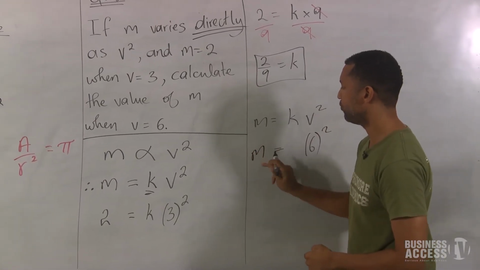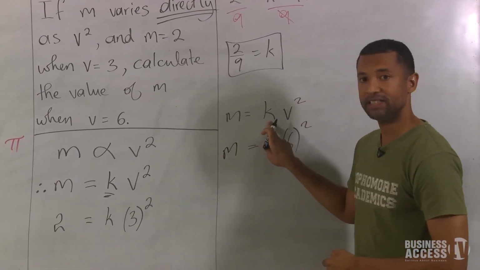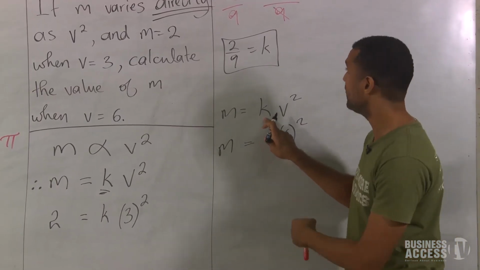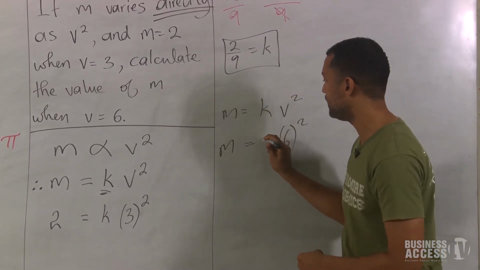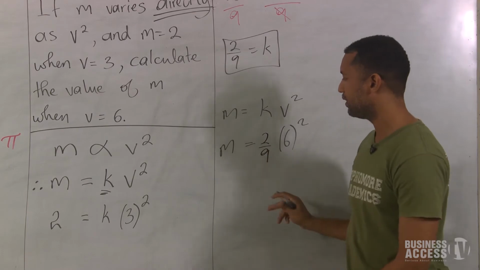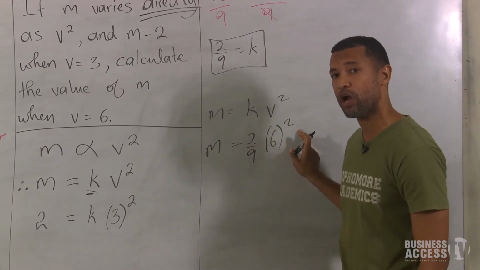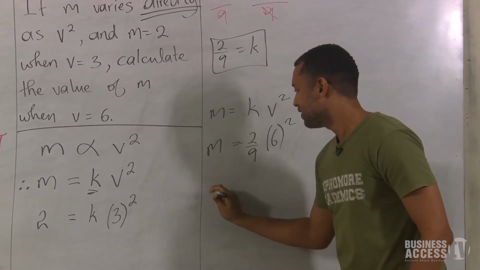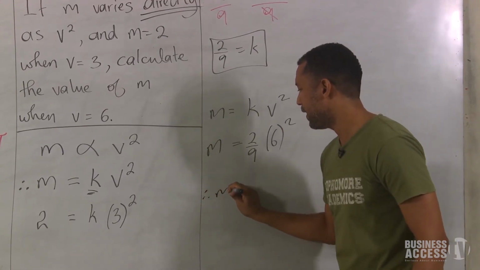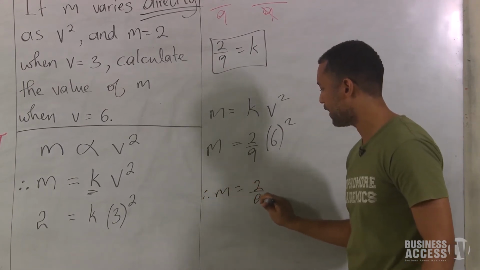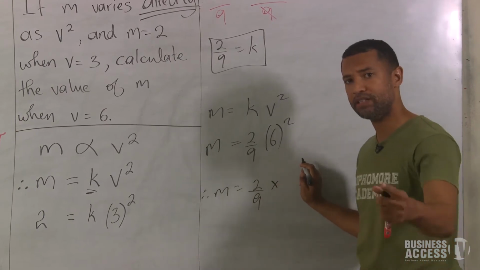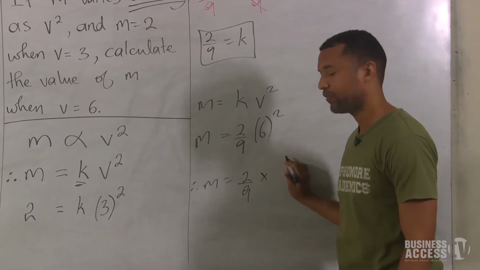They want to know the value of m. Guys, we now know the value of k. We calculated that to be 2 over 9. So this is 2 over 9 multiplied by 6 squared. Therefore, m is equal to 2 over 9 multiplied by what is 6 squared? 36.